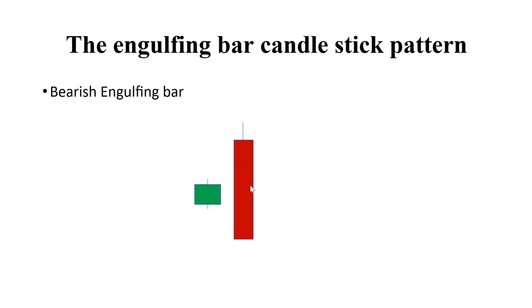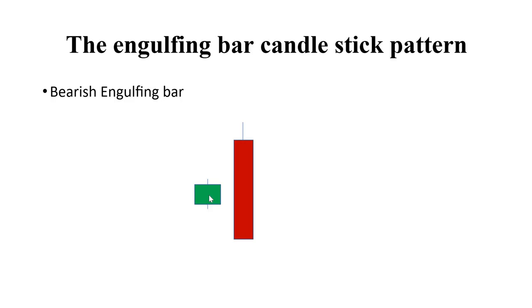All right, so guys, as the name suggests, engulfing bar. Bearish engulfing bar. Now, when we say something has engulfed something, we mean that it has covered it or it has overshadowed it completely. This candlestick pattern involves two or more candles.